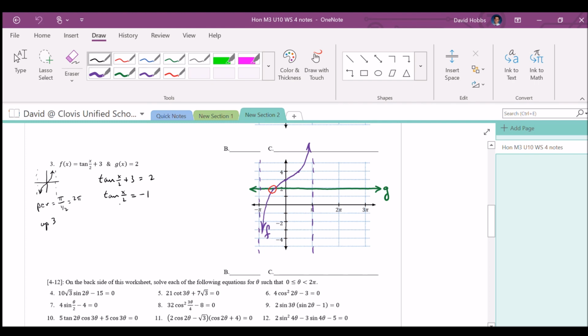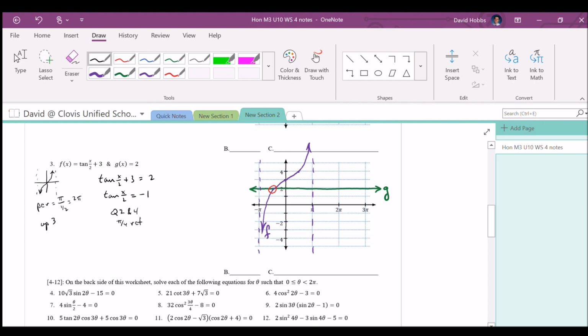So just pretend it's a theta, and then we'll adjust for it. So we're just pretending this is tangent theta equals -1, and we think about it and go, okay, where is tangent negative? Quadrant 2 and 4, and it's a pi over 4 reference.